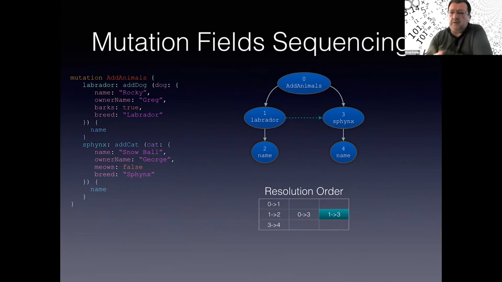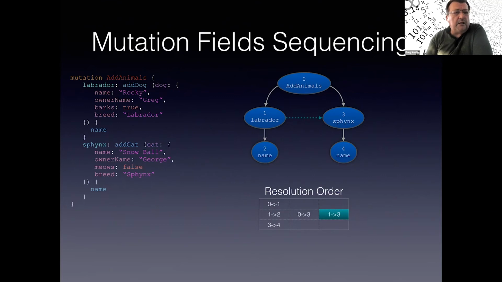And then after the mutation fields are resolved, the results of those, that's a query part of the mutation, could be resolved using the standard execution strategy that just provides a synchronous resolution of the fields.